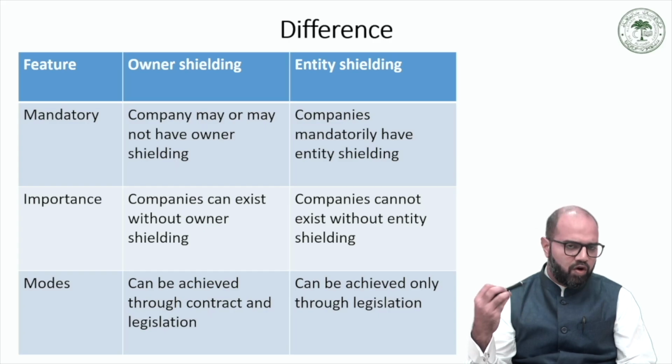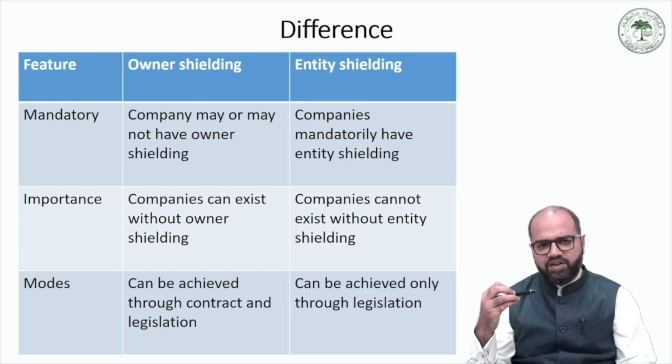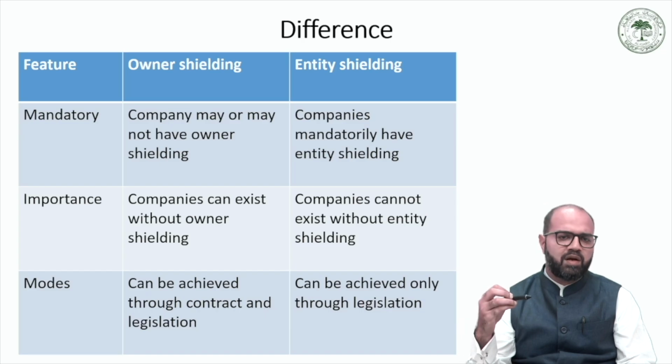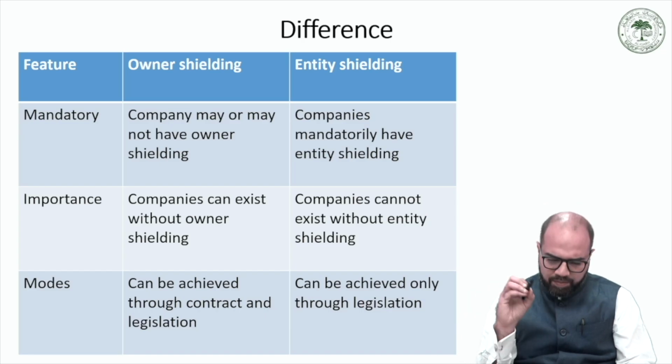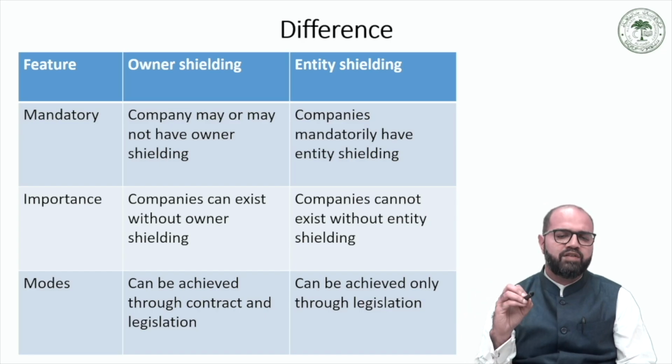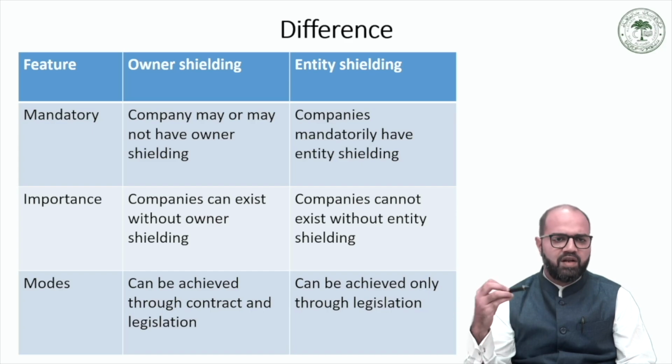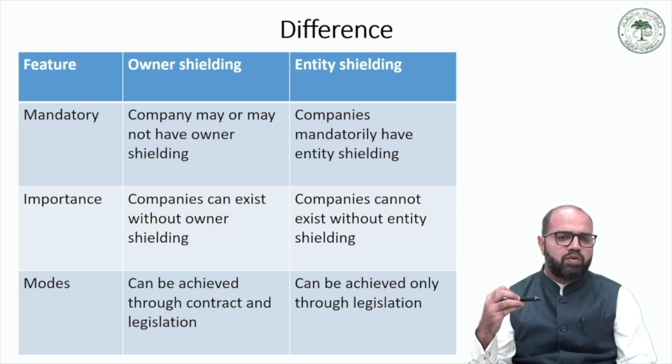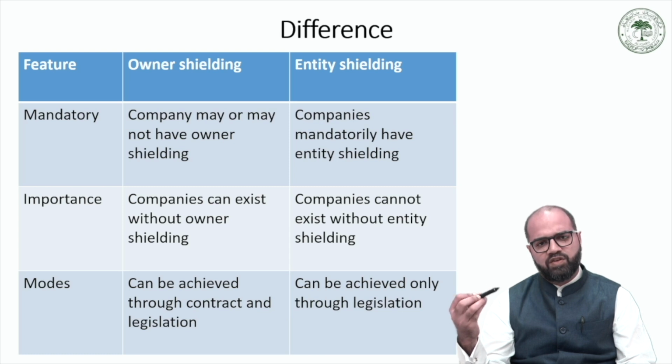So this is optional, whereas entity shielding is mandatory under the company law. Every company that is registered under the Companies Act has a separate legal personality. So the theory of owner shielding is not mandatory, and therefore companies can exist without this theory.